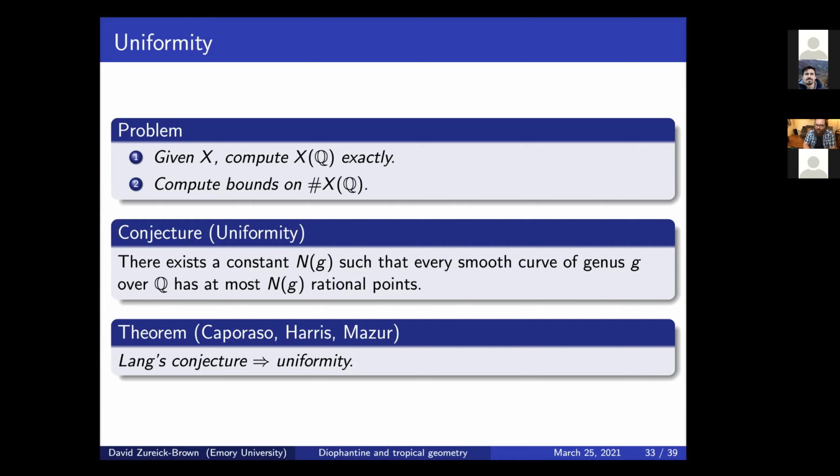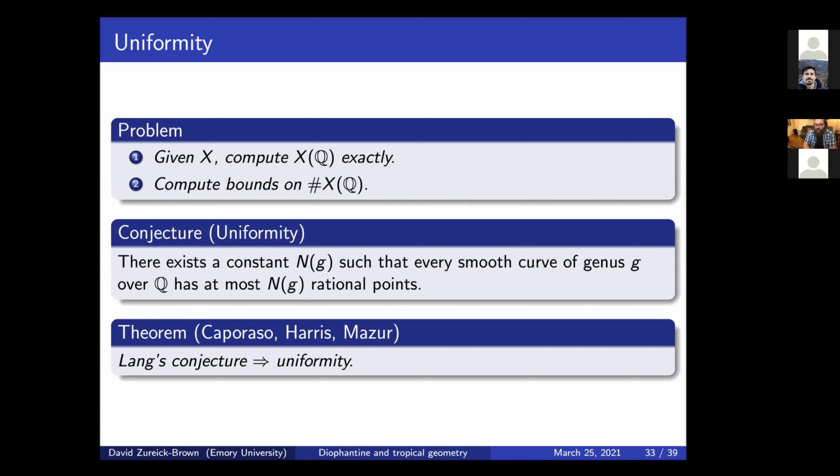Now, my understanding, this conjecture does come from before I started my PhD. My understanding is people didn't believe this conjecture. The reason people took it seriously was in the 90s, there was a theorem of Caporaso-Harris-Mazur, which said that Lang's conjecture, so the higher dimensional version of Mordell conjecture, implies the uniformity conjecture. And people believe Lang's conjecture.